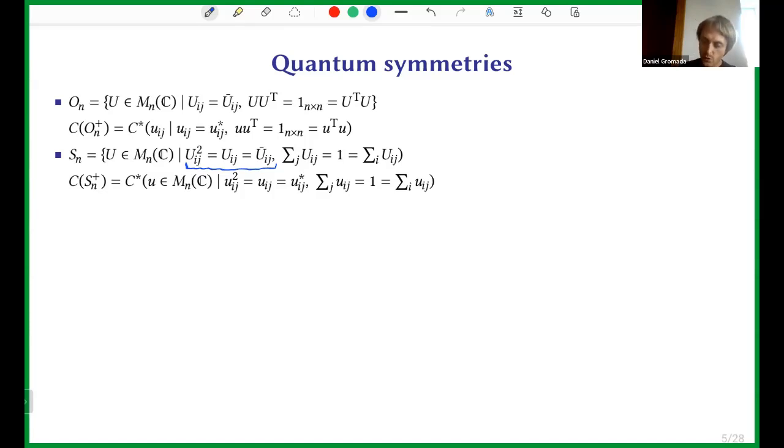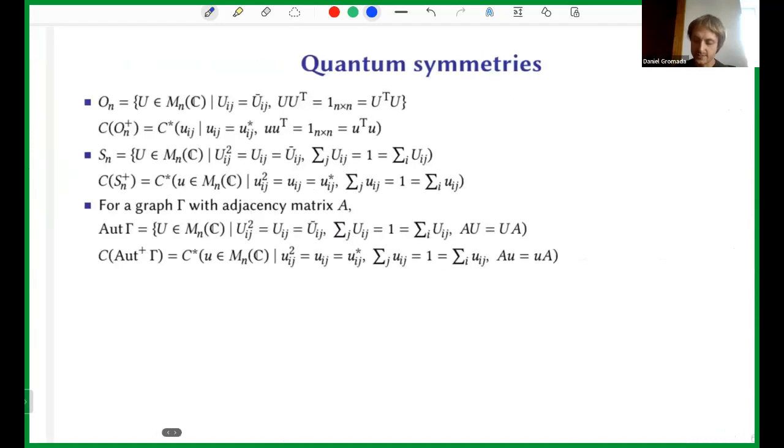And in every row and every column, there is exactly one 1, otherwise there are 0s, which is described by this relation. And this is just directly translated to this non-commutative version.